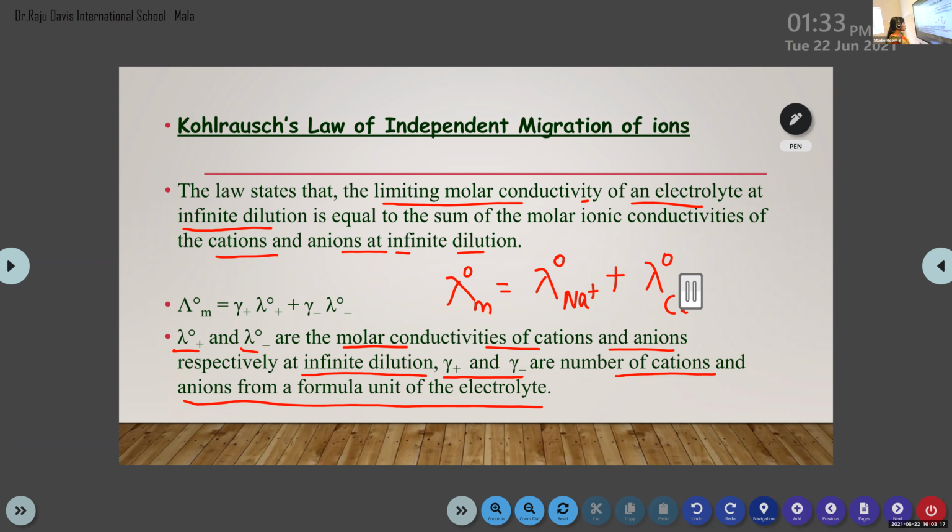This lambda plus 0 and lambda minus 0 are the limiting molar conductivities of cations and anions, or you can also write molar conductivities of cations and anions at infinite dilution. Then nu plus and nu minus are the number of cations and anions from a formula unit of the electrolyte. This is clear?